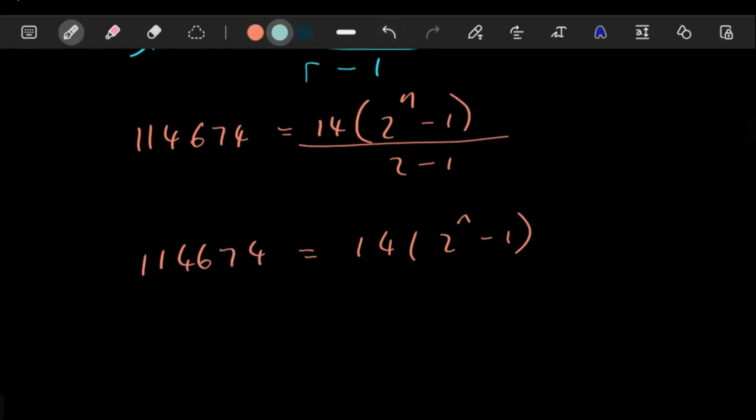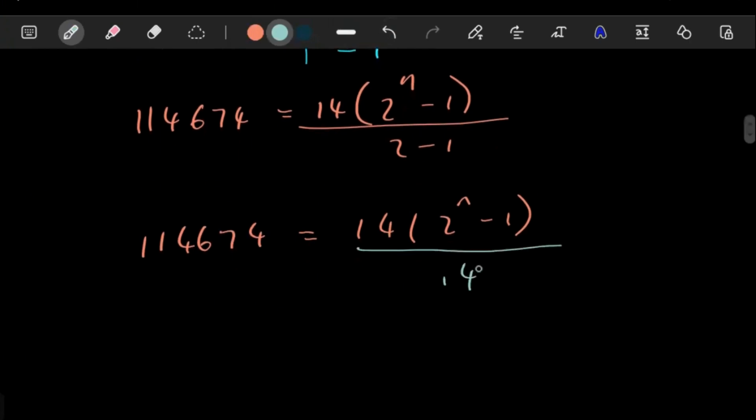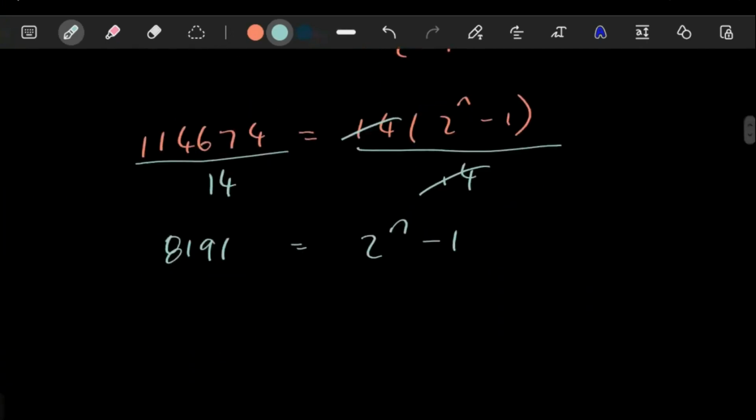You're now going to divide both sides by 14. 114,674 divided by 14 is 8191. These go away, and then the 1 goes to the left, you add, so 8192.